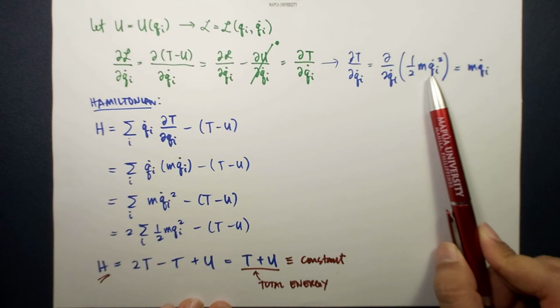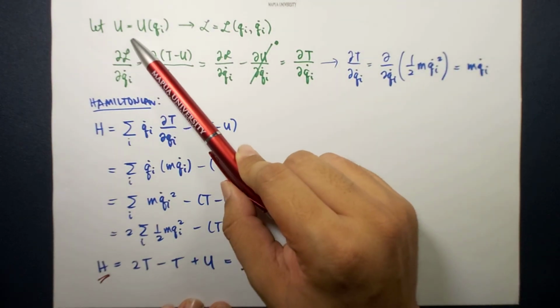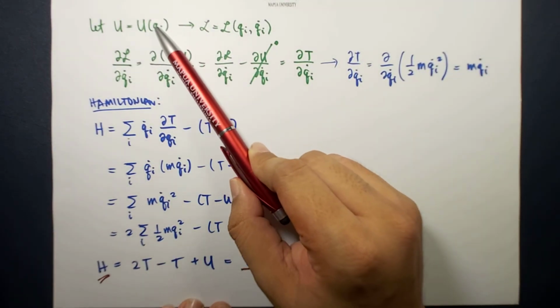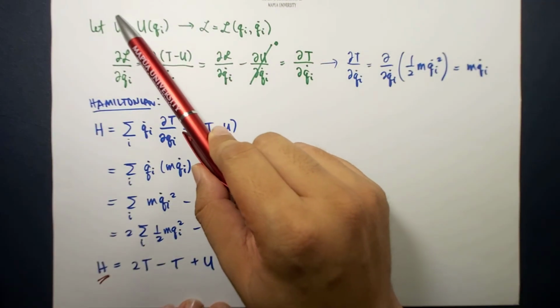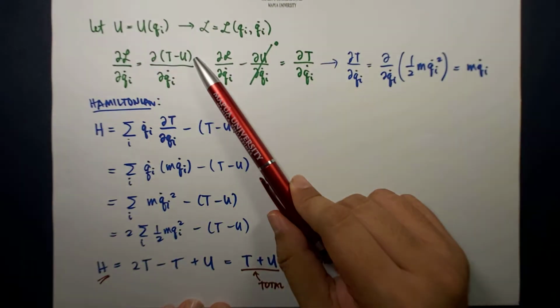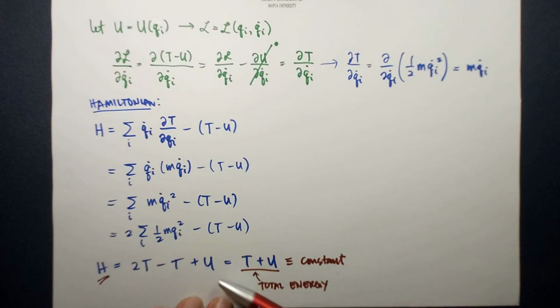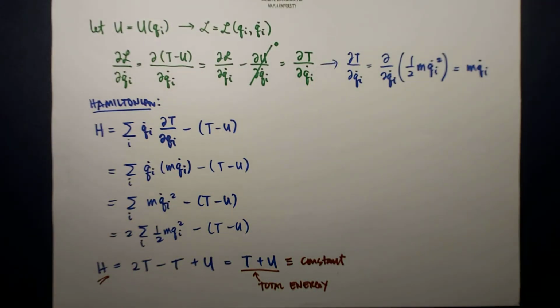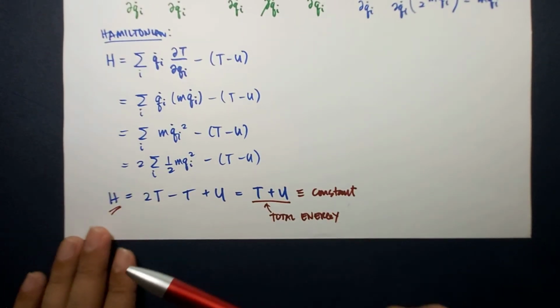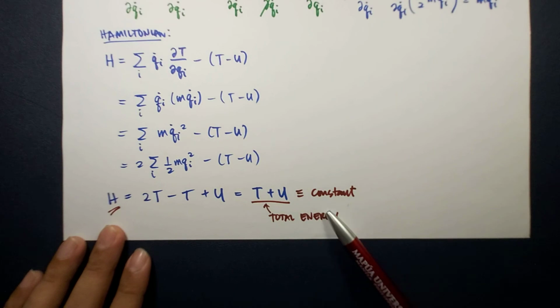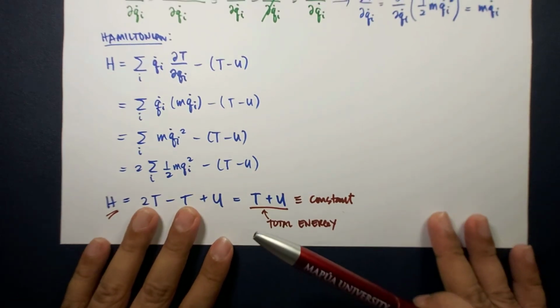Also, the potential energy is only a function of position, so that means your potential energy must be velocity independent. And if those two conditions are met, therefore, the Hamiltonian of the system is equal to the total energy of the system. Okay?